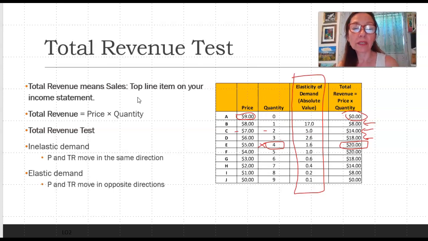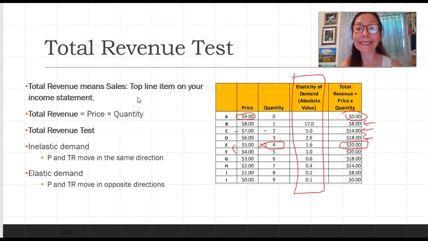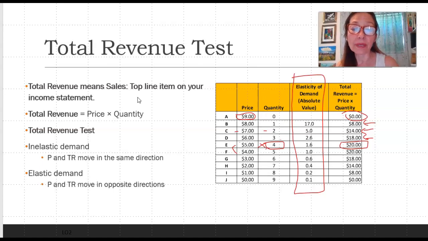Here we are at $5, and we think, wow, if we lower our price more, we're going to sell even more product, more cappuccinos. And it's true, we lower our price to $4 and we sell 5 cappuccinos. But take a look at what happens to our revenue. 4 times 5 gives us $20. That's just the same as the previous one.